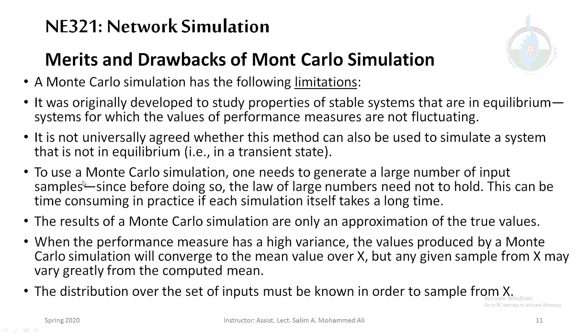To use the Monte Carlo simulation, one needs to generate a large number of input samples, since the law of large numbers needs to hold. This can be time-consuming in practice if each simulation itself takes a long time. We discussed that generating large numbers of random numbers is needed, but perfect randomness does not exist exactly.